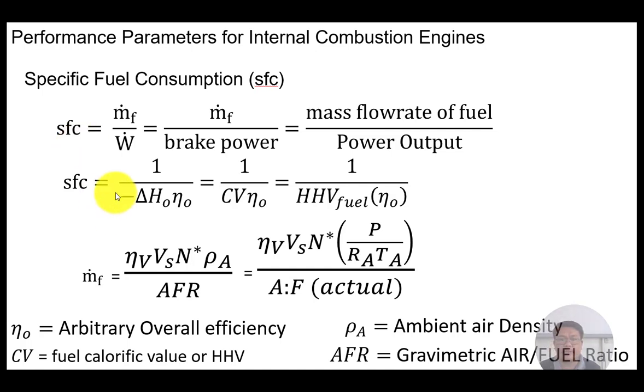Then it is also equal to 1 over the change in enthalpy times the arbitrary overall efficiency. So the specific fuel consumption is also equal to 1 over the calorific value, multiplied by the overall arbitrary efficiency.